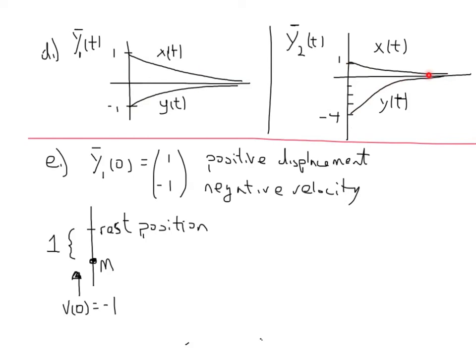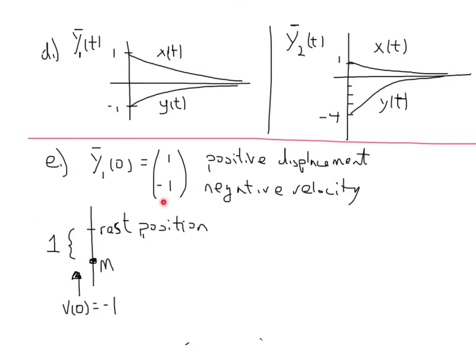In the last part, they ask you to talk about the interpretation. The fact that y1 at time 0 has a value of (1, -1) means that it has a positive displacement of 1 unit. It has a negative velocity of 1, and so if this spot is the rest position where the mass was originally before it was disturbed, the positive displacement of 1 means we pull it down 1 unit.